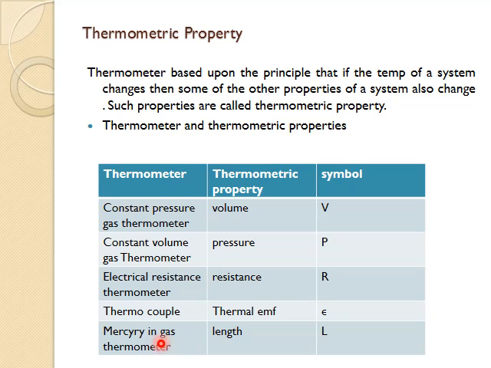The mercury in glass thermometer is the very general thermometer which we use. In this thermometer, the thermometric property is the length of the mercury in the glass, and the change in the length of the mercury is utilized to measure the temperature.